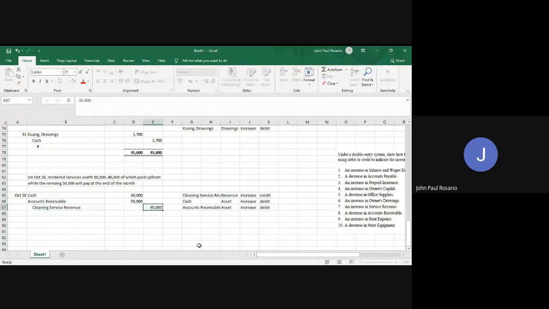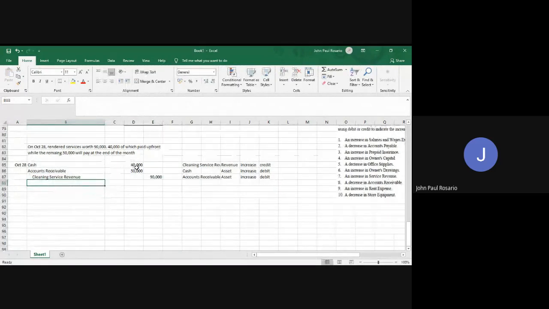So, you have two debits and one credit. When you total it, 90,000 equals 90,000, debits equal credits. So, when you journalize a compound entry, guys, total debits must equal total credits.